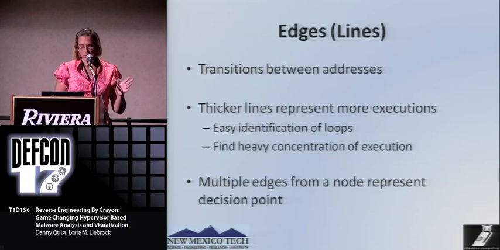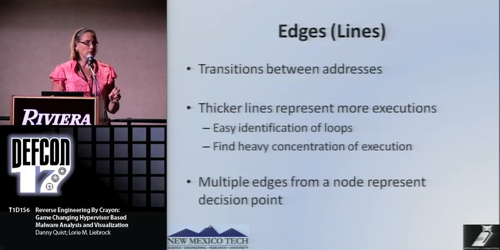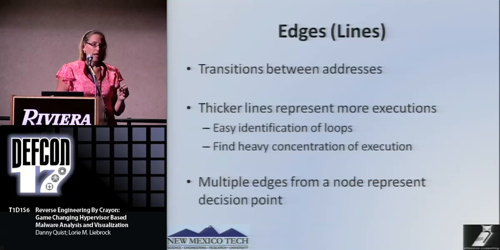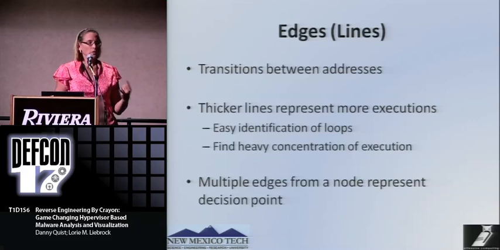So again, those transitions between addresses are going to give us more information about where we're spending time in the graph. But there's an assumption here that I just need to point out, and that is the assumption is that during this single execution of the code, the thing you're looking for happened.